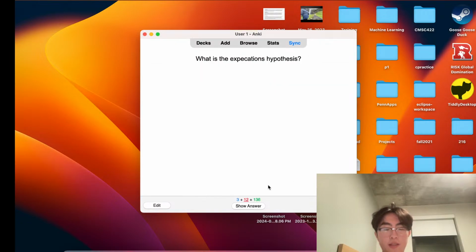What is the expectations hypothesis? I think the expectations hypothesis has to do with the field of interest rates and term structures. The idea behind it is that when you're looking at a term structure, the implied future rates are going to be the actual future spot rates.